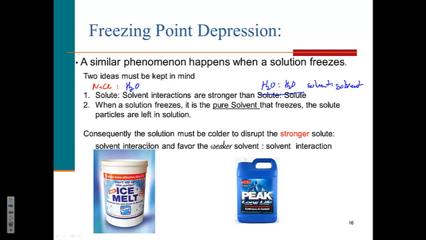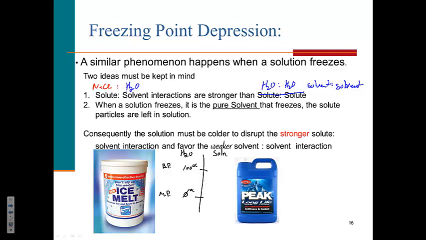Okay. So if we think about what's going on here. Here we have water. This is a thermometer, that vertical line, and this is some solution. The normal boiling point is 100 degrees Celsius, right? Normal freezing point or melting point is 0 degrees Celsius.